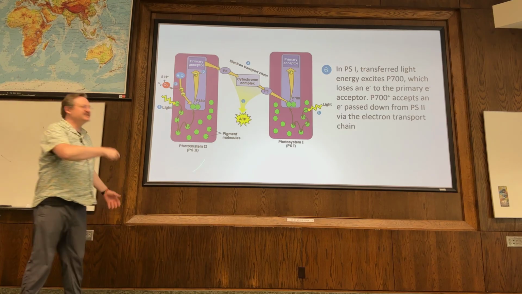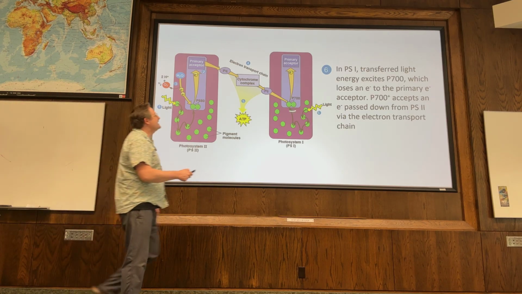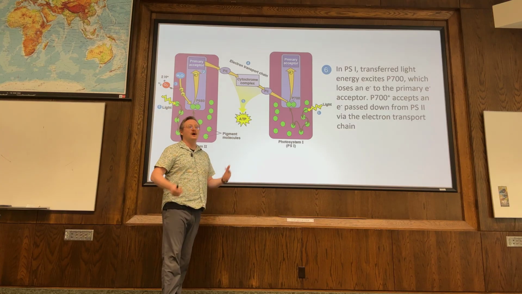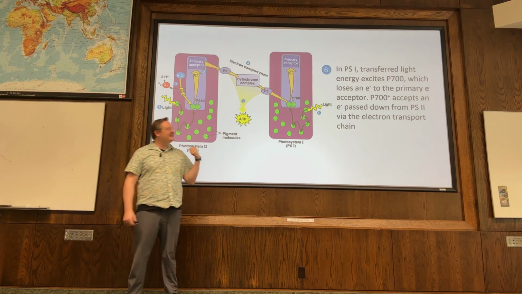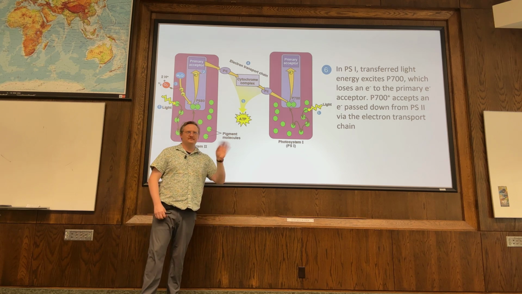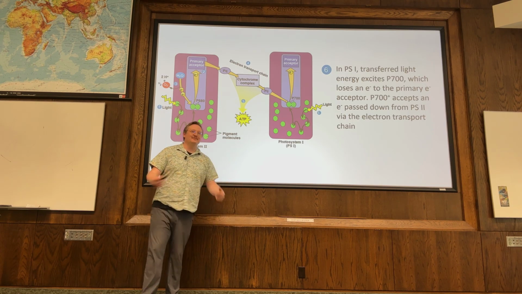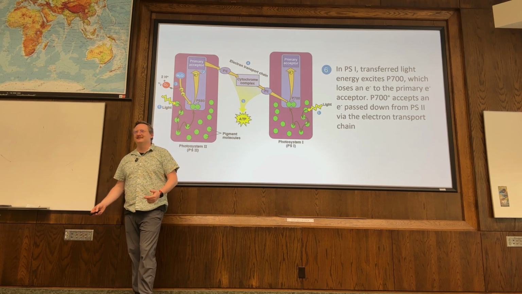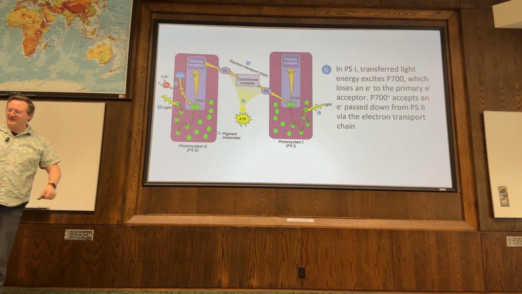It's the same basic system as in photosystem 2, except instead of taking electrons off of water, this is taking electrons off of plastocyanin, or the end of the electron transport chain. Okay, I don't want to call it the terminal electron acceptor because really P700 plus is the terminal electron acceptor here, and then it is going to drive the electron back up. The terminology doesn't really fit. So just forget I said anything, okay?